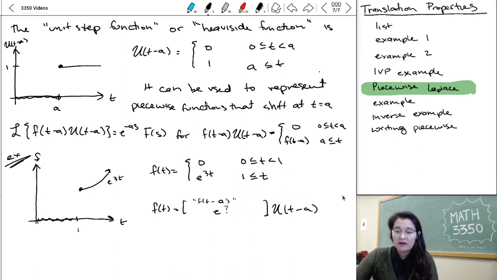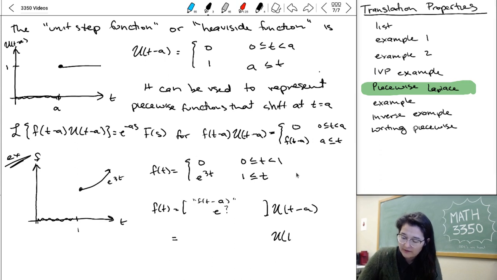And so the tricky part here is just figuring out how to write this function. So I want to start the non-zero part of my function at 1. So I know that I'm going to be thinking of u of t minus 1. So my function f is off until 1, and then it's e to 3t afterwards.